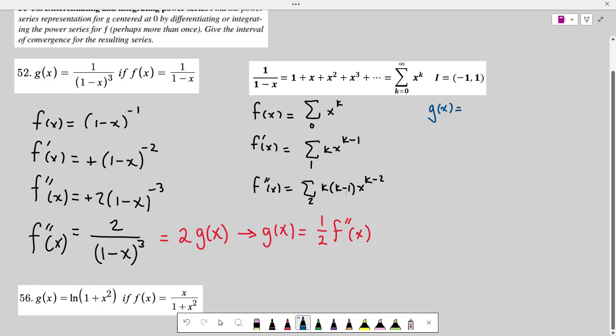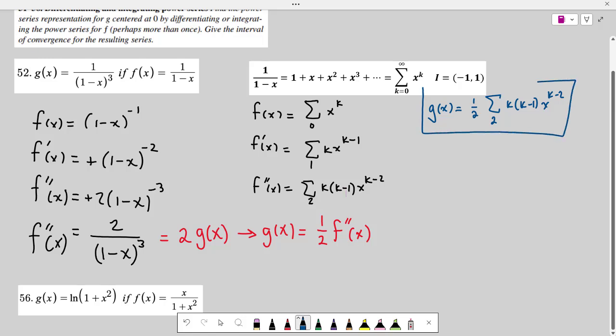Okay, so g of x, now we're done with the power series part. It's going to be 1/2 summation starting at 2, k times (k minus 1), x to the k minus 2. So there, we now found a power series for g.